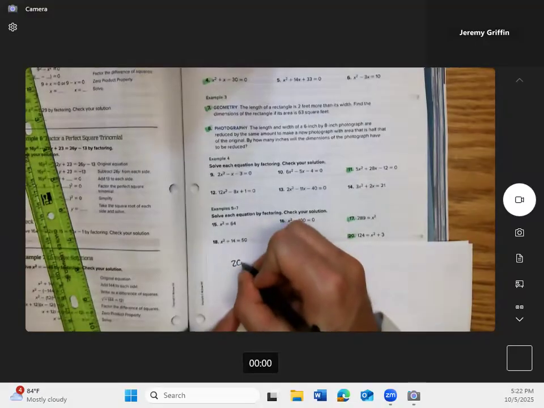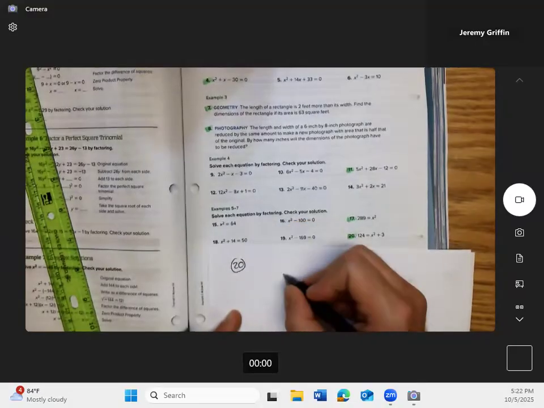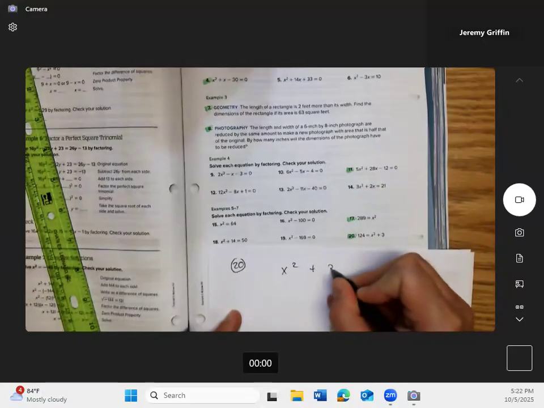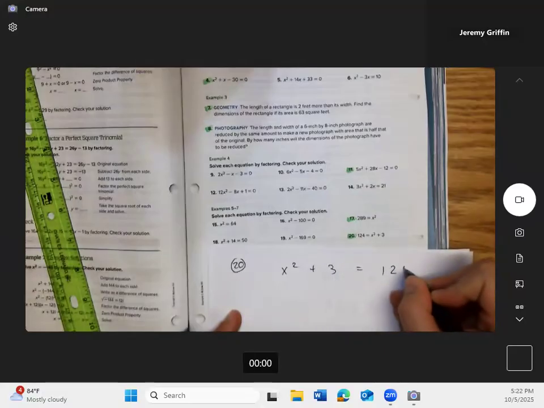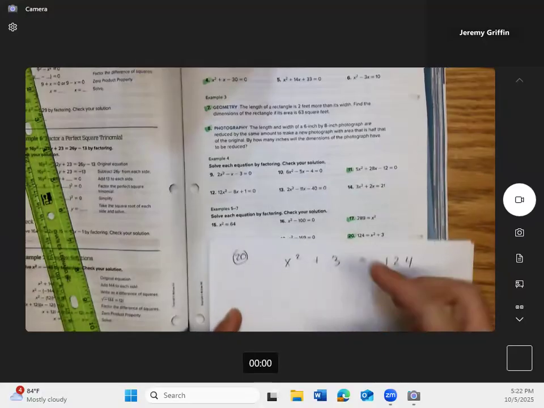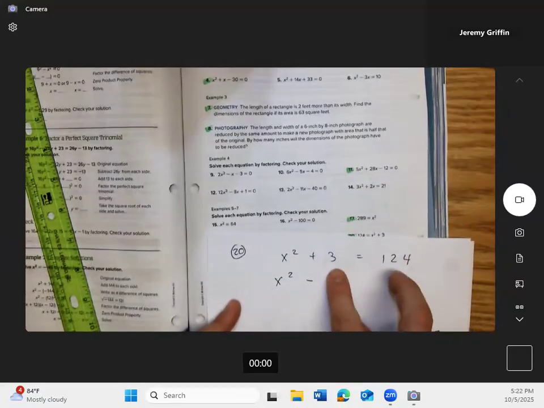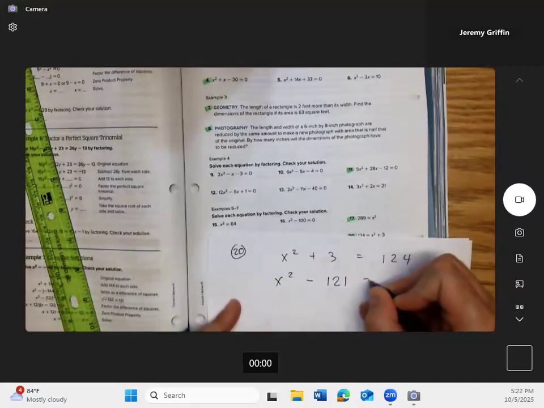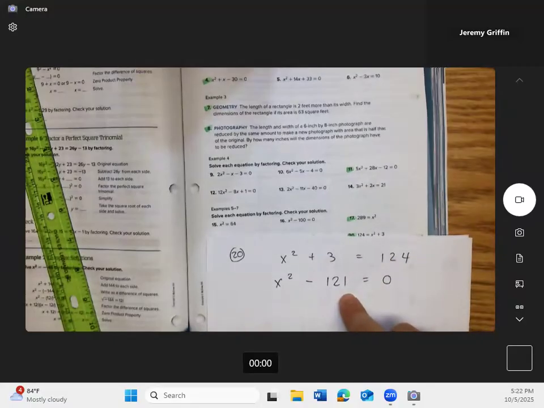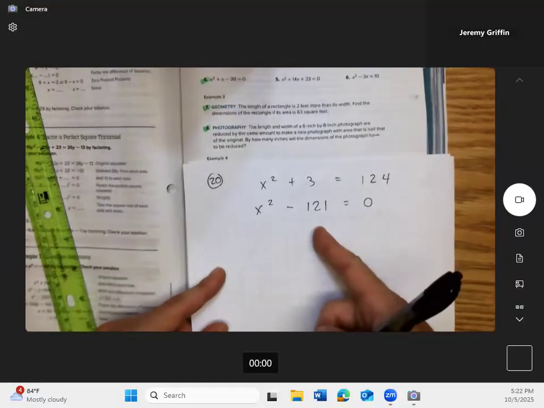Number 20. x squared plus 3 equals 124. Okay, so subtract off 124. x squared, well, 3 minus 124 is negative 121. Okay. Oh, 121 is also a perfect square. That's 11 squared, isn't it?